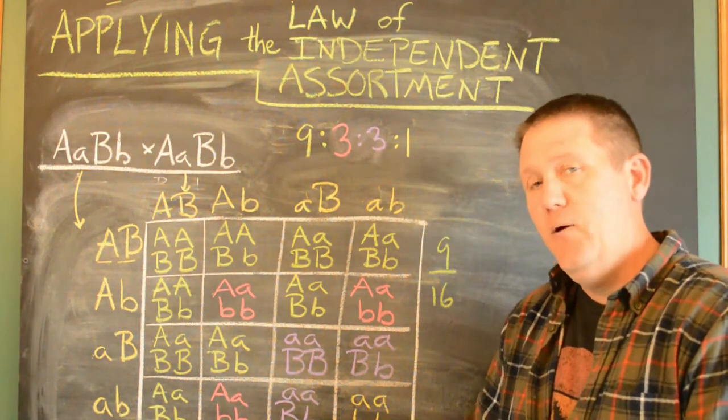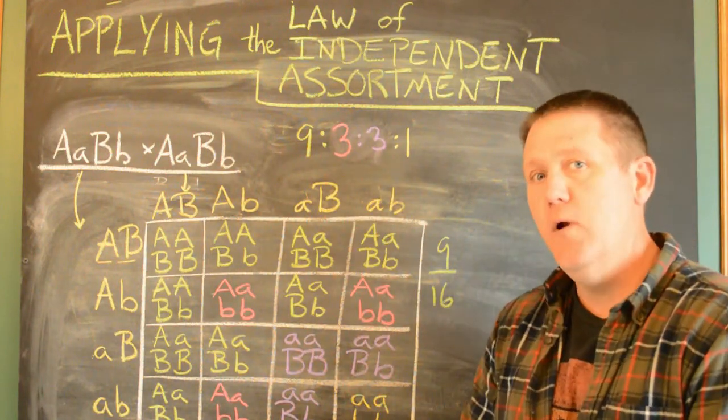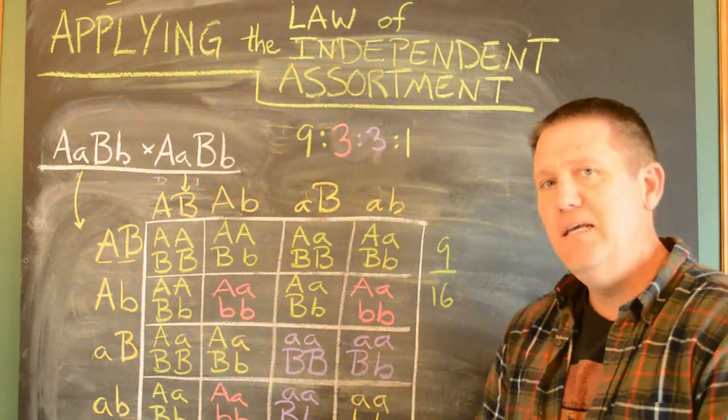So white flowered and dwarf. That'd be the phenotypic ratio, the ratio of all the different unique phenotypes.